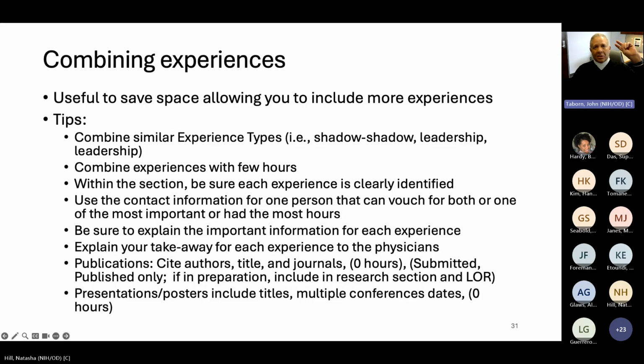If you want to combine two or three shadowing experiences, like Dr. Hill gave examples earlier, you have it under shadowing, and then you could have a contact person and write the type of doctor you shadowed and what you learned, but you're doing it 3 times. So the reader knows you have several things under shadowing.